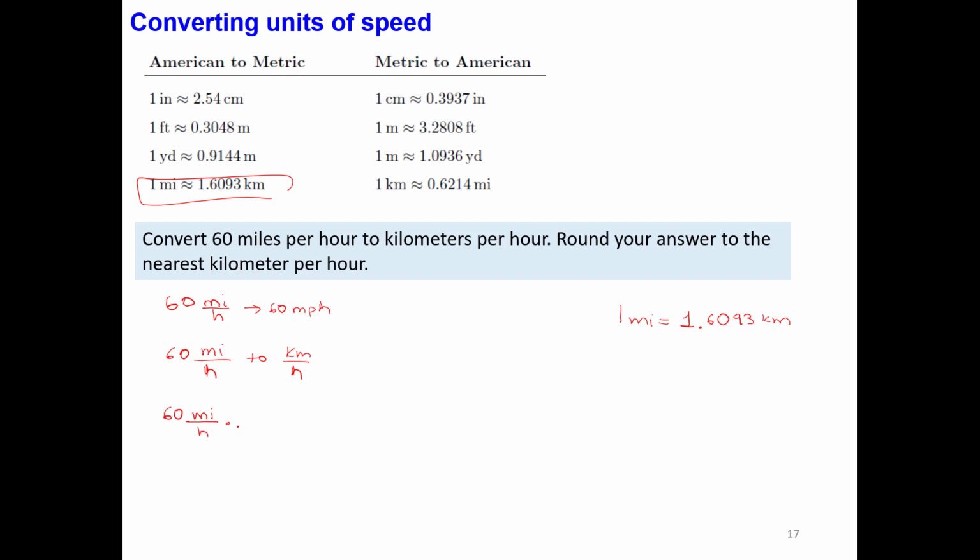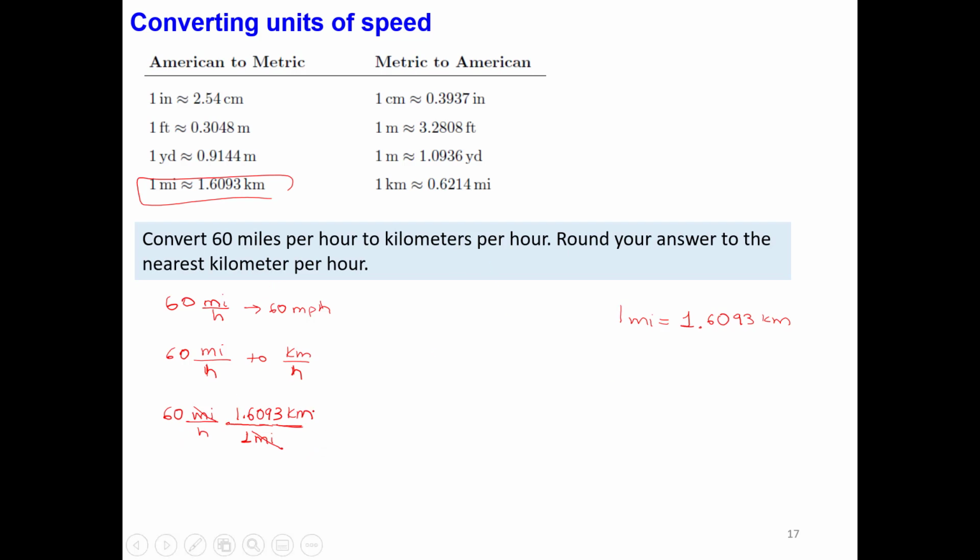We don't need to worry about the hours. And we need to cancel out the miles, and we need to get the answer in kilometers. Then miles here and the kilometers on top. And miles cancel out, and the final answer is kilometers on top and hours in the denominator, as we had.